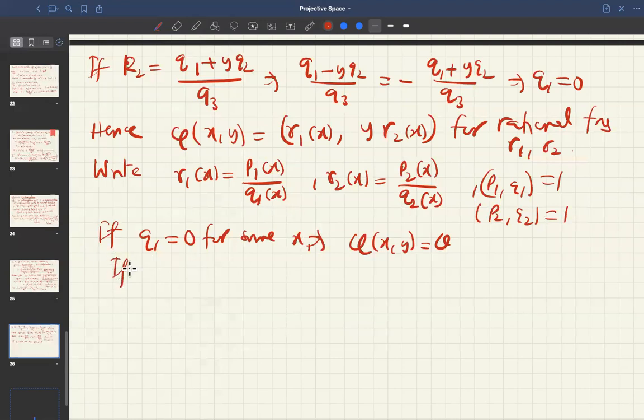And if Q1 is not equal to 0 for any x, then in this case R2 of x is well defined.